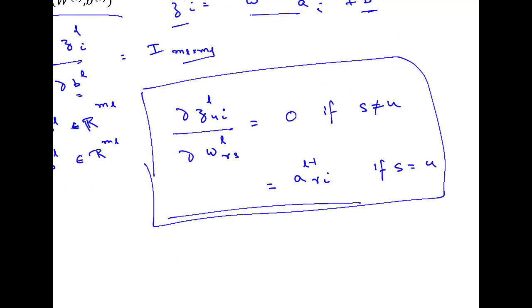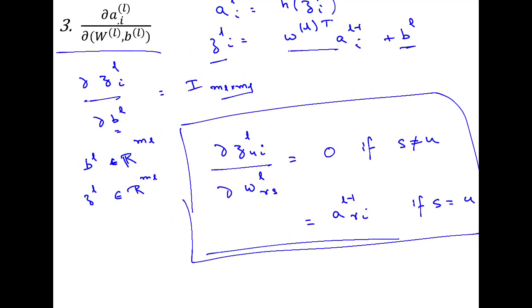With respect to a specific component, it's just A L minus 1 R I. It will only be non-zero for U equal to S.